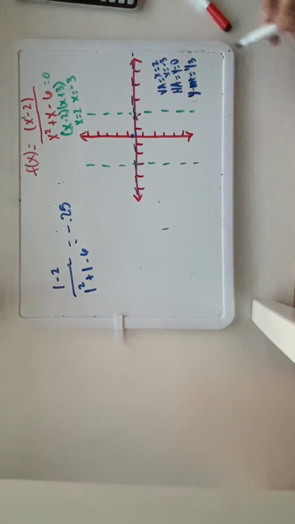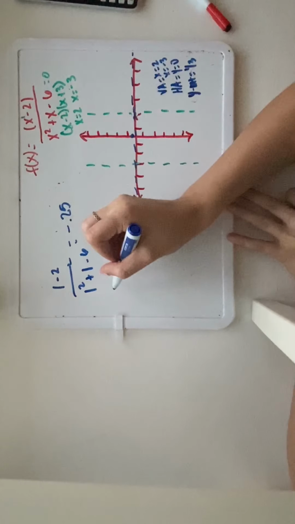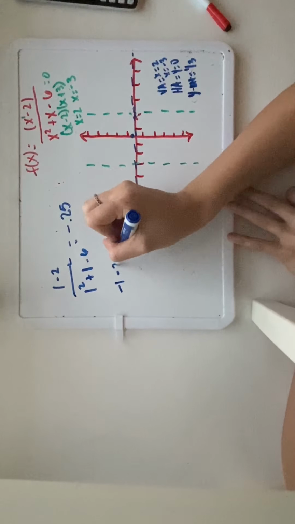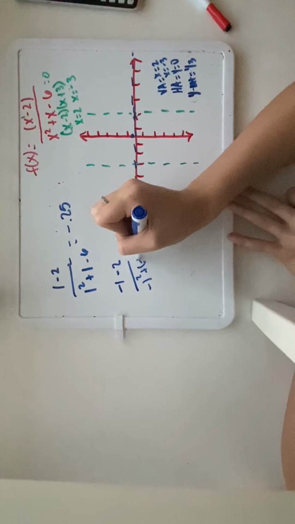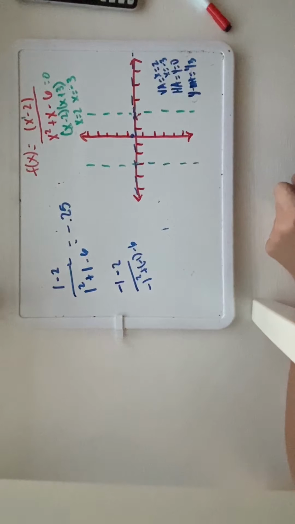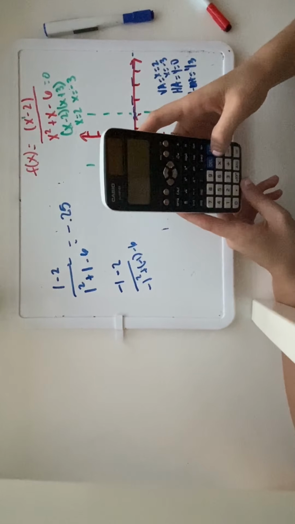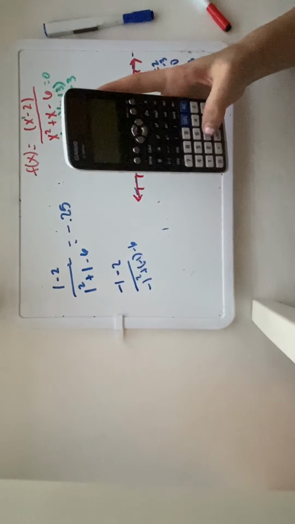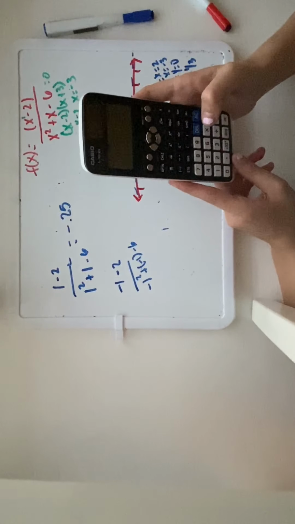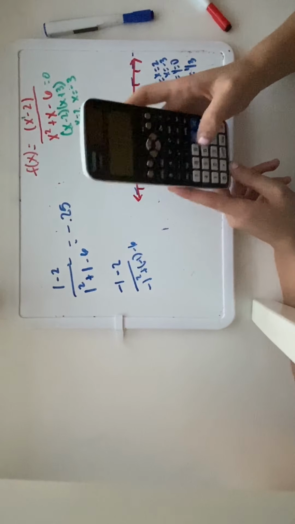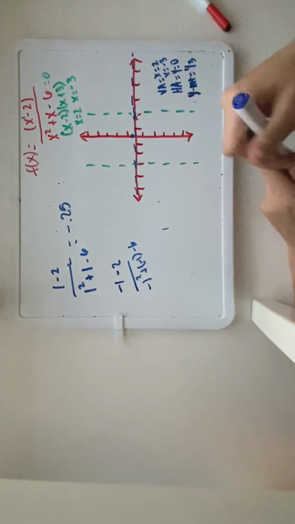And then we'll do -1. So we have -3 divided by -6, which is 0.5.